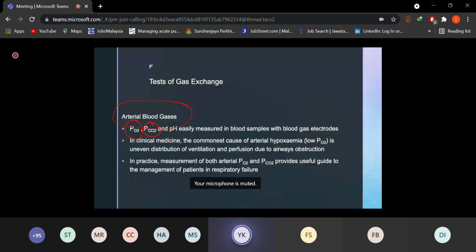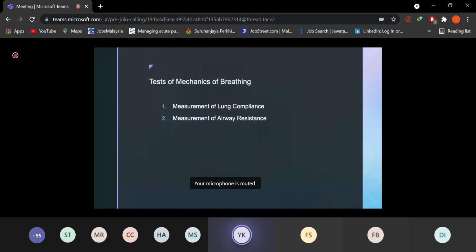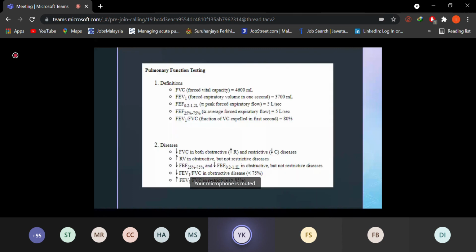So what are the tests for the mechanics of breathing? The measurement of lung compliance and the measurement of airway resistance, for example the pulmonary function test. We determine the FVC, FEV1, FEF, and the ratio.